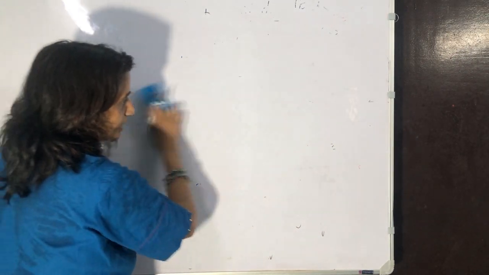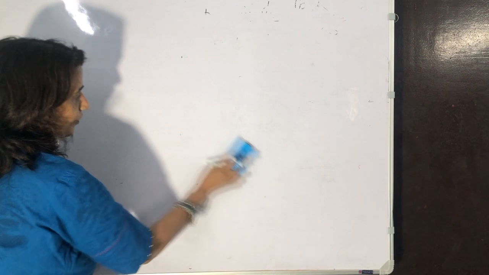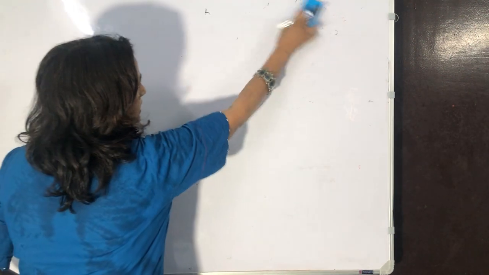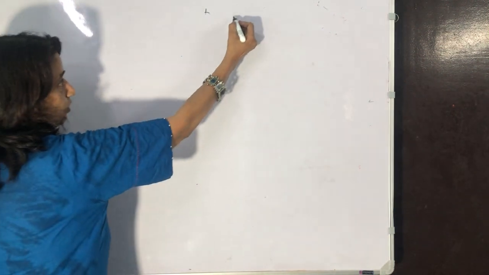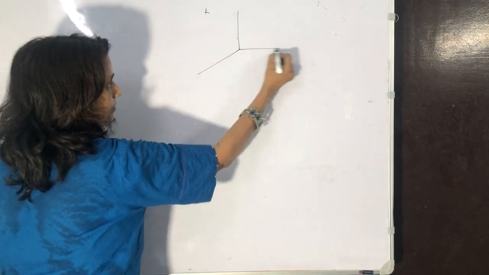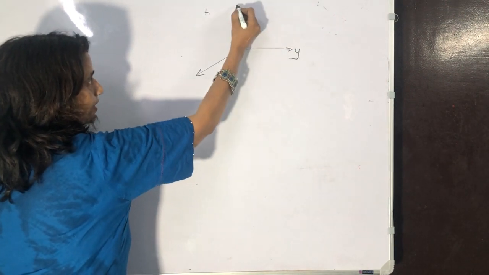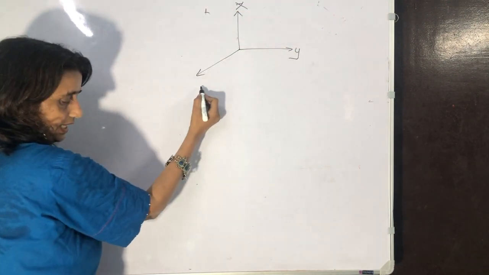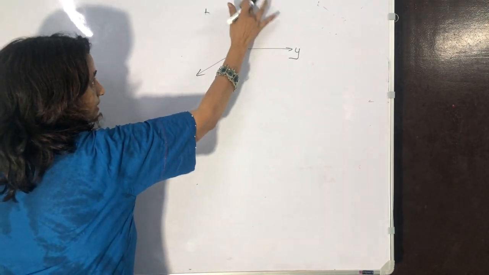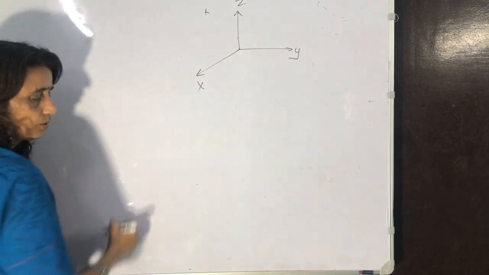The formula is, what is the surface area of a sphere? Since this becomes 3D, so y, x and z axes.